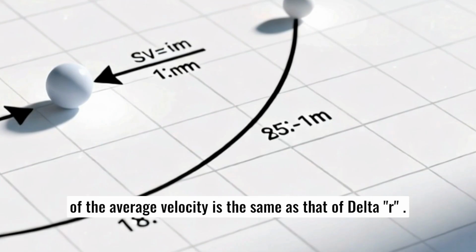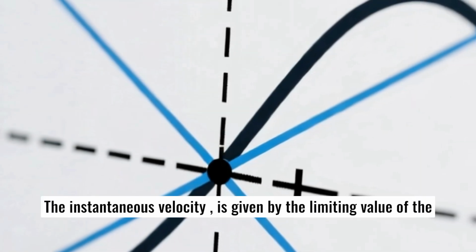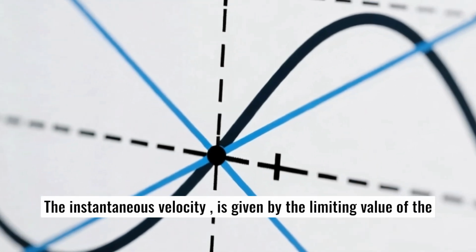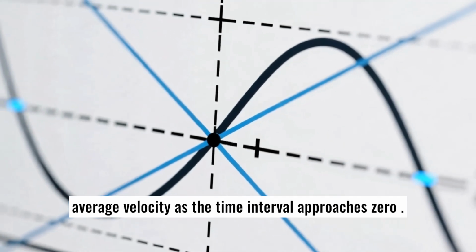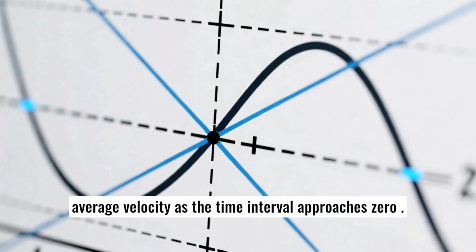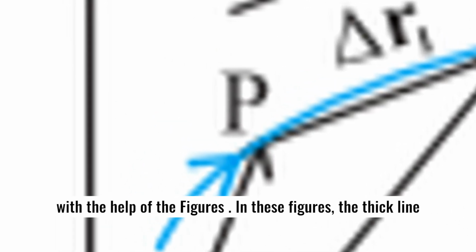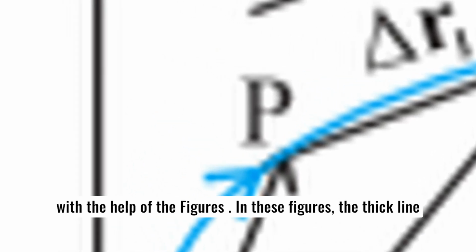The direction of the average velocity is the same as that of delta r. The instantaneous velocity is given by the limiting value of the average velocity as the time interval approaches zero. The meaning of the limiting process can be easily understood with the help of the figures. In these figures, the thick line represents the path of an object, which is at P at time t.